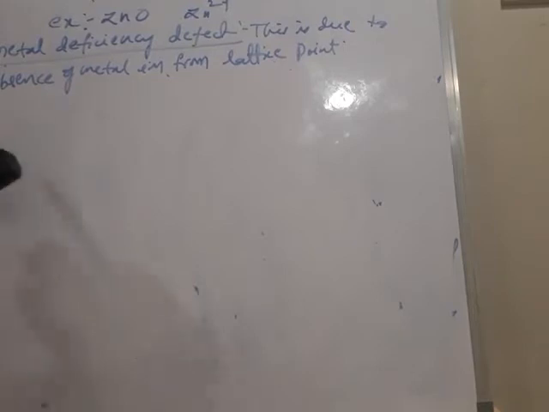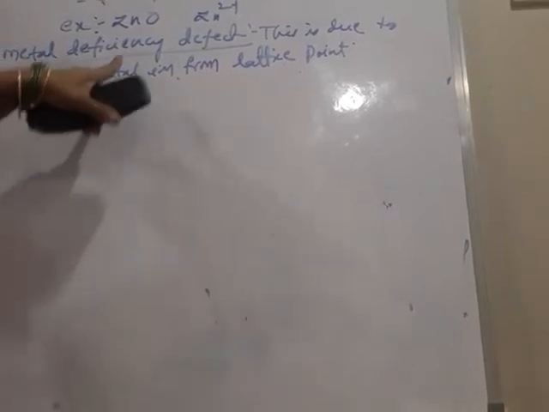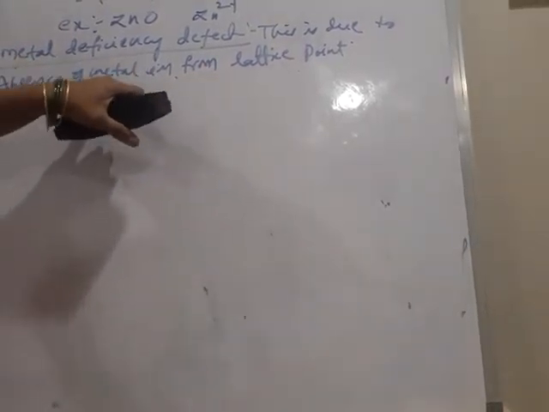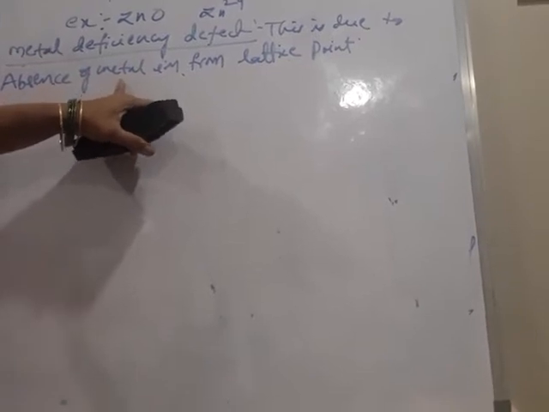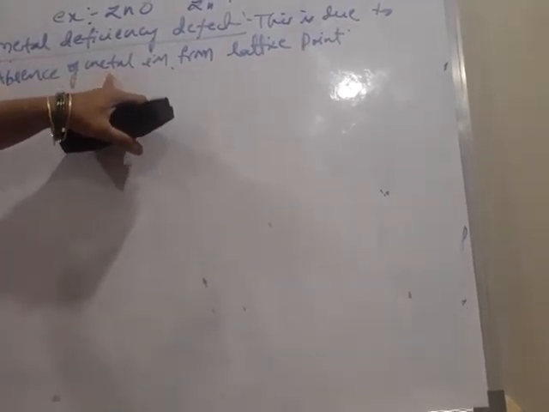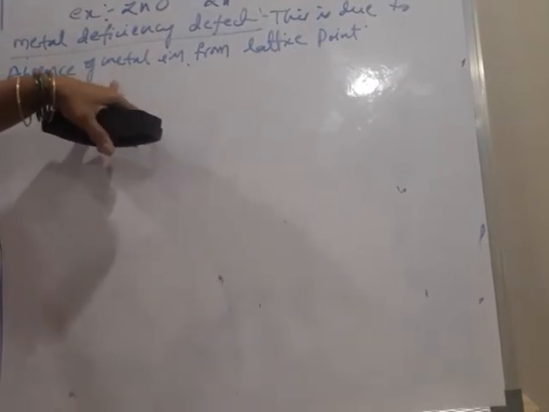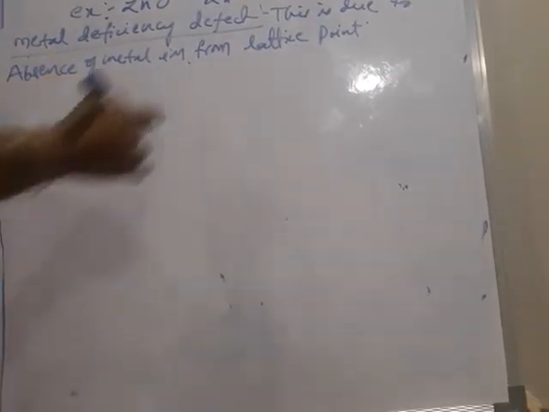So here a metal ion is absent, meaning one cation is absent, and the charge is balanced by another positive ion.